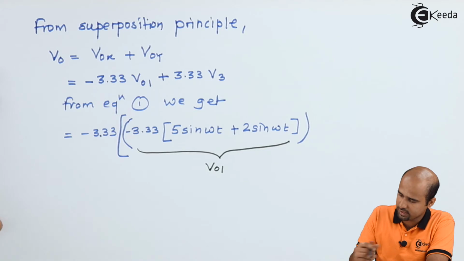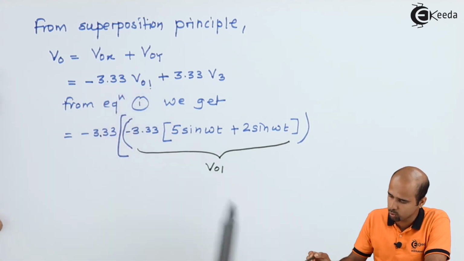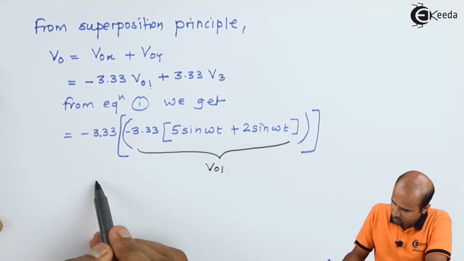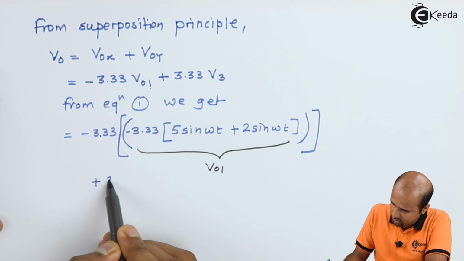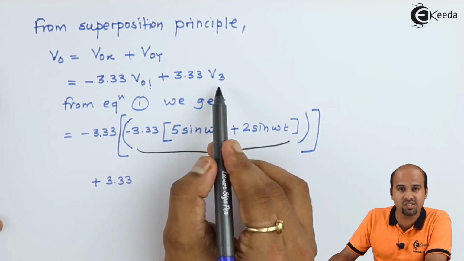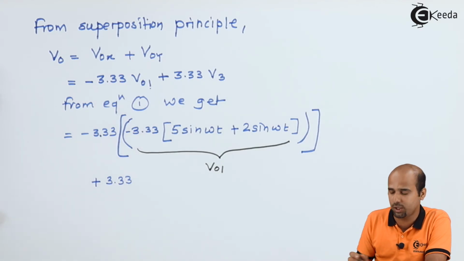So first part is completed, minus 3.33 into VO1. We will complete this part and then we will proceed further for plus 3.33 multiplied by V3. What's the value of V3 given? V3 is equal to 4 sine omega t.